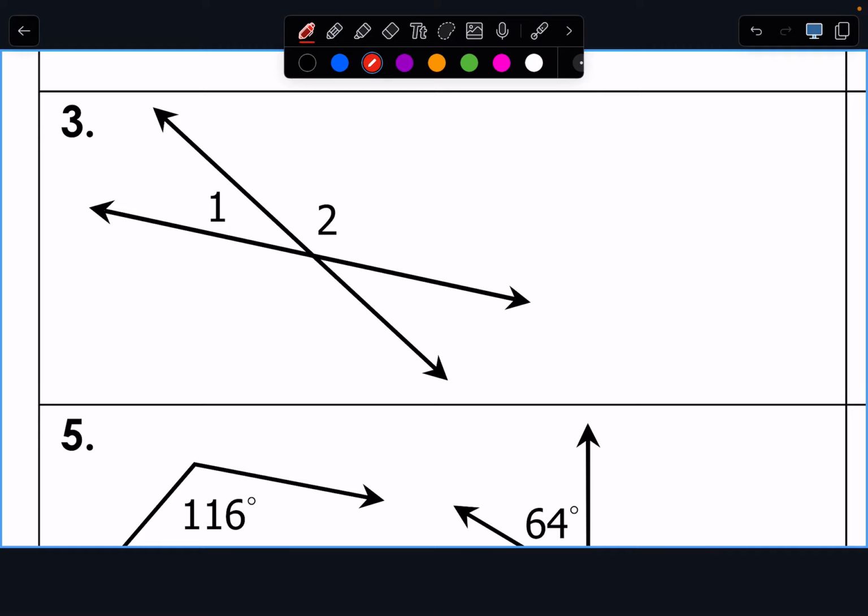Are these two angles next to each other or across from each other? They are next to each other because they share a side. So one of the words that you need to have written down is adjacent because these two angles share a side.